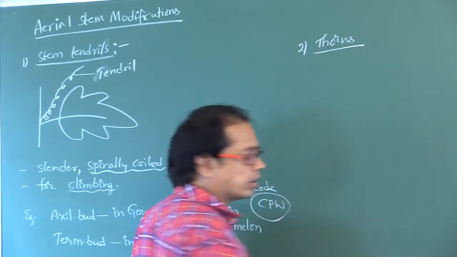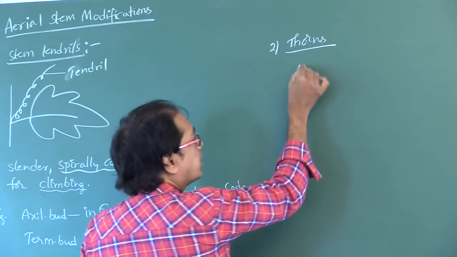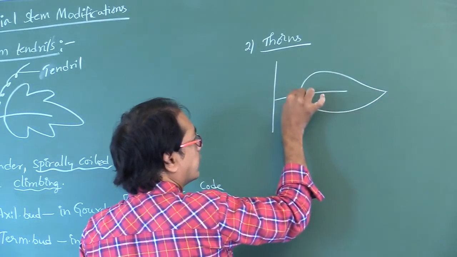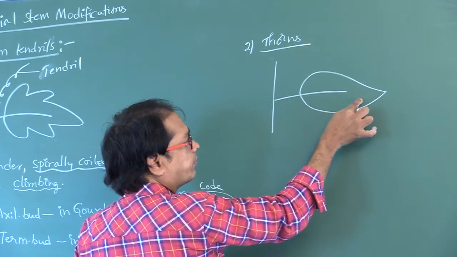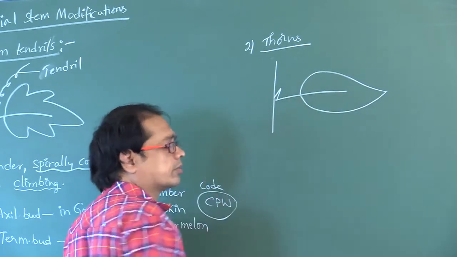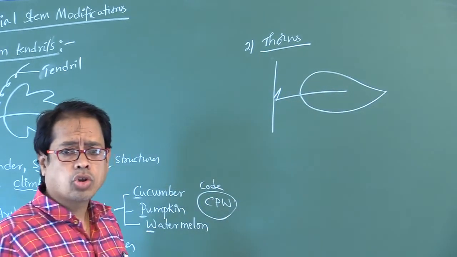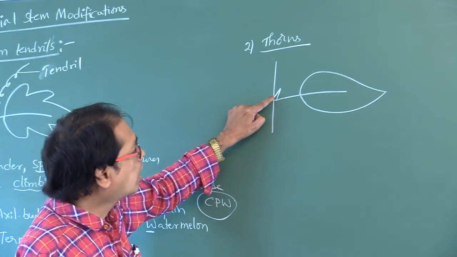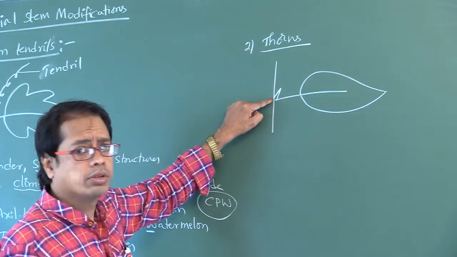Next modification. What is the second one? Thorns. Let us see the diagram. This is the stem. This is the leaf. And here, a thorn is developed. From where is the thorn developed? From the axillary bud. So what is the thorn definition?